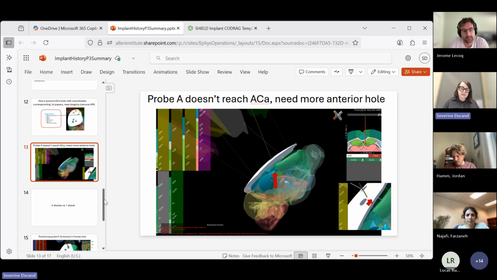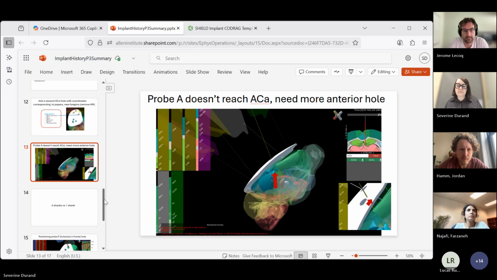Usually, what we do is we trust the CCF brain, and then we detect where the surface is, and then we apply the CCF coordinates to this probe, which is the best we can do so far. You're right, this is tricky.